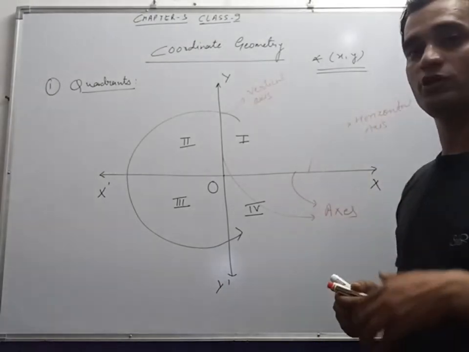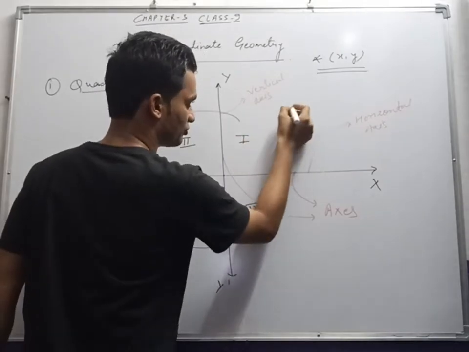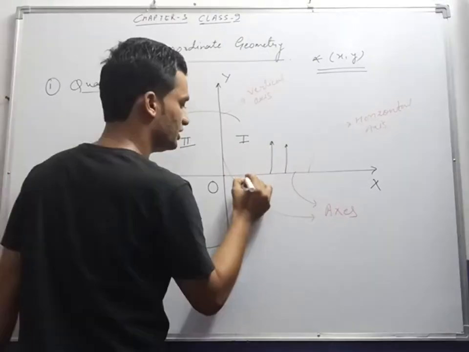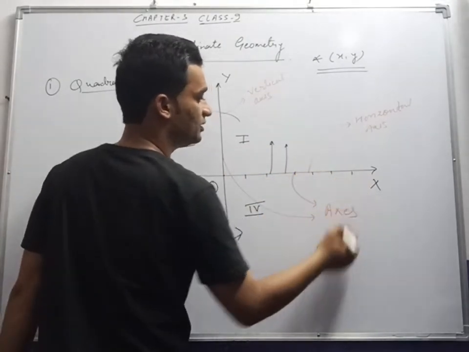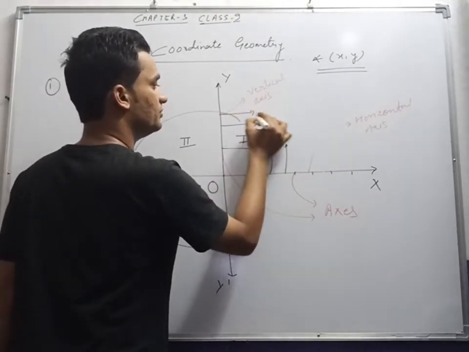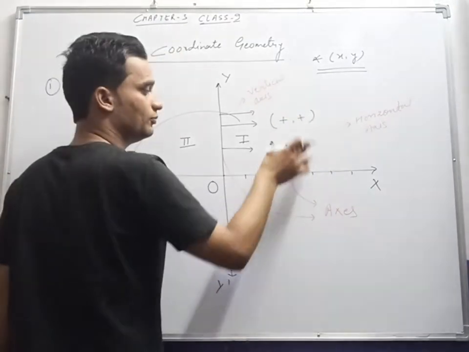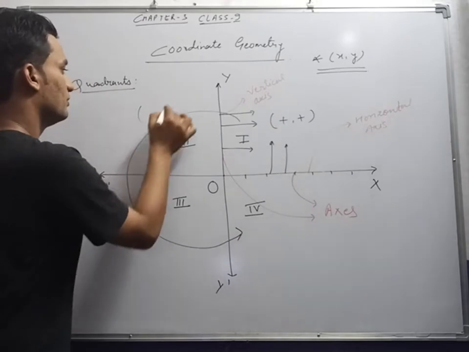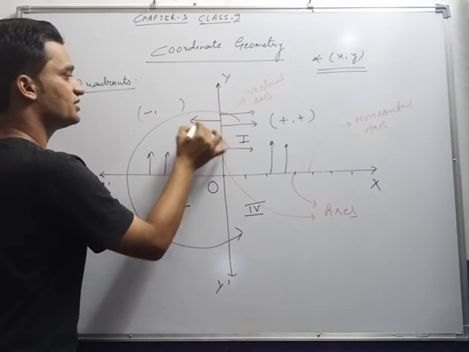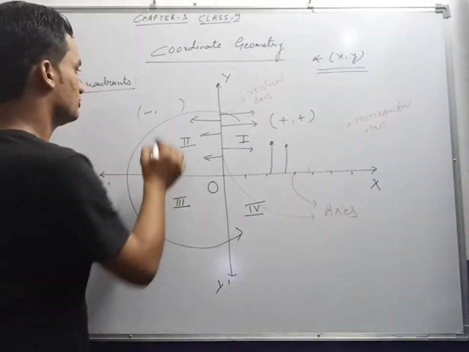This is the format of writing a coordinate. In the first quadrant, the x-axis on the right side is positive, and y upside is also positive, so both are positive. In the second quadrant, x is negative and y is still positive, so minus plus.